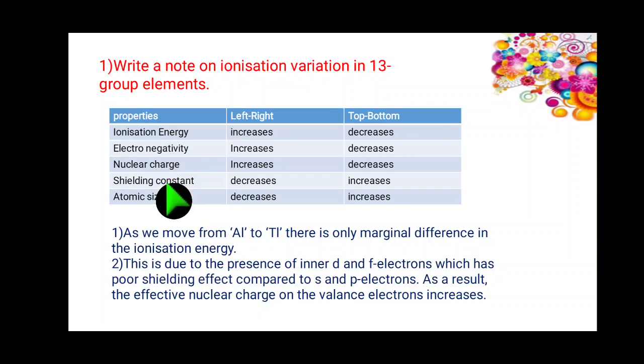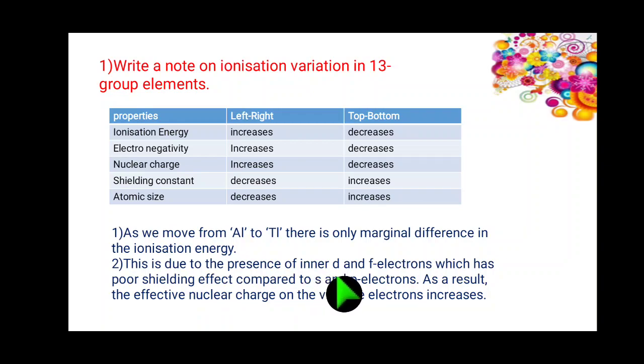Ionization energy increases. So what is the reason? It is a contradiction regarding the ionization energy. Usually top to bottom decreases, but here it increases. So what is the reason?